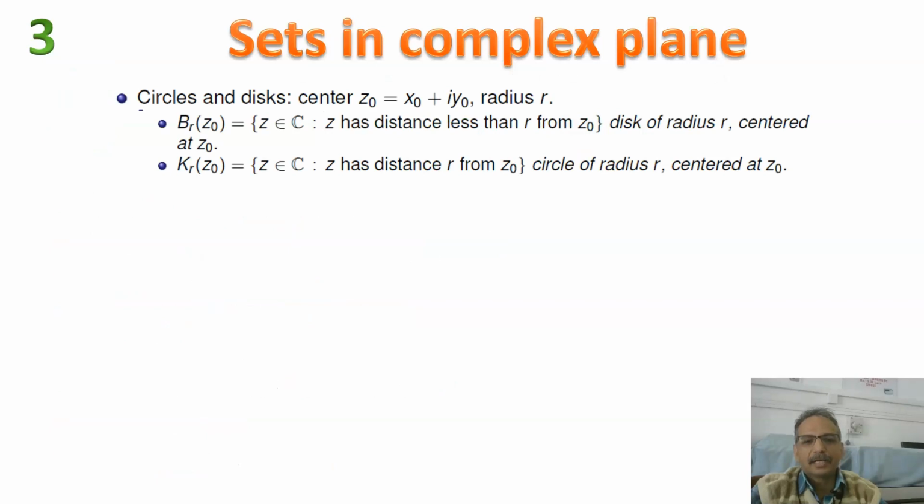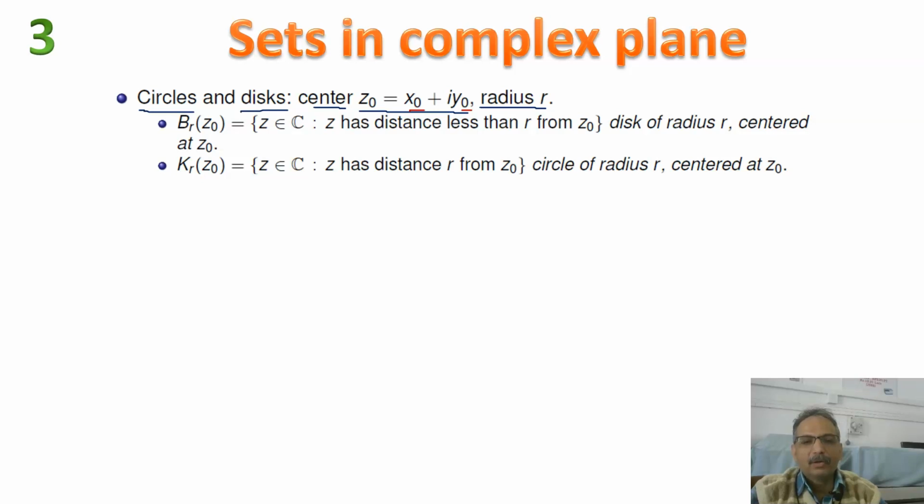Now consider circles and disks. Let us consider a circle of radius r, and the center of the circle is z0, which has coordinates x0 and y0.